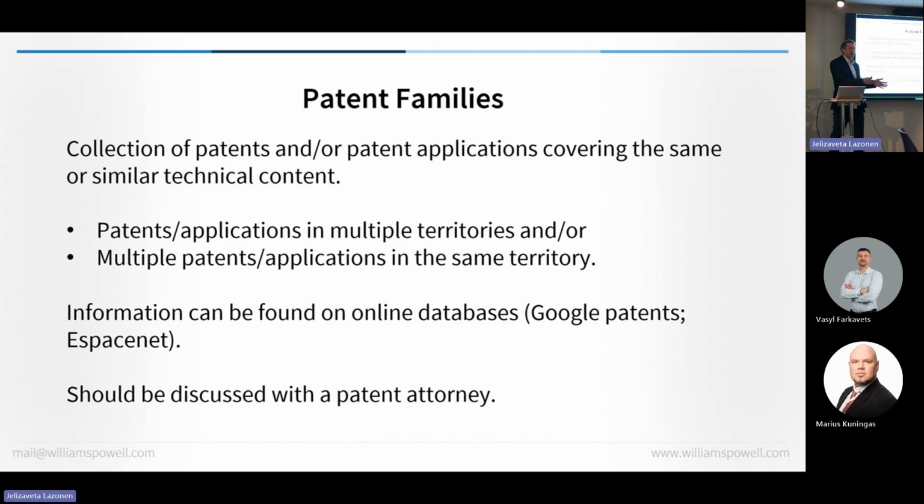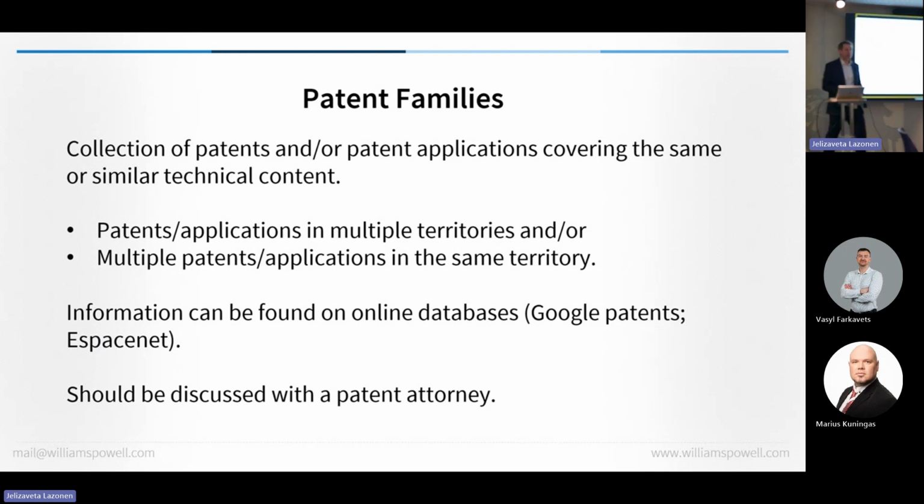So we might start with one application that describes everything and claims one of those inventions, but you might also then do what we call filing divisional applications. So we separate out the separate inventions that are all within the same application, and we then might end up with separate or multiple patents or applications in the same country that cover slightly different aspects of the same technology.